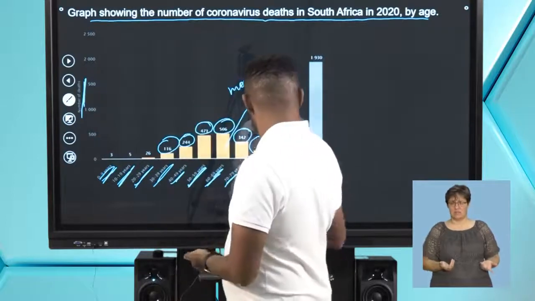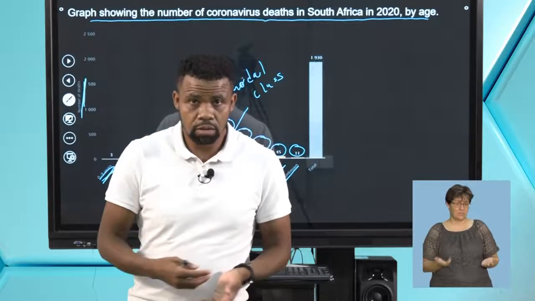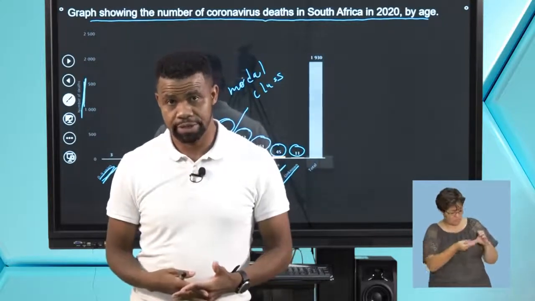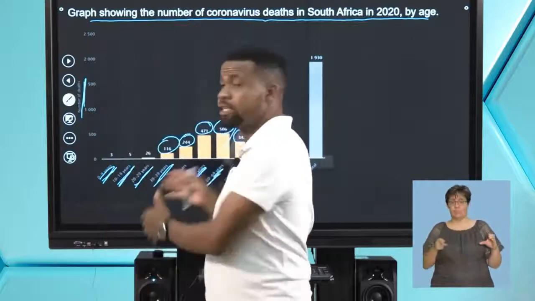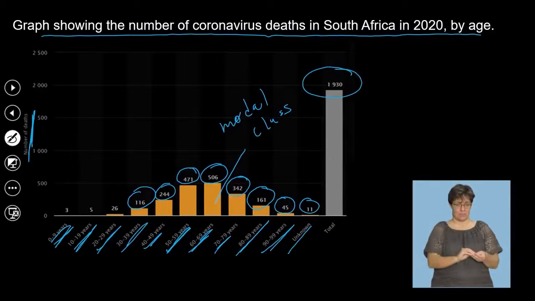We know that 11 people died from COVID-19, but we don't know their age. It's possible that they were in hospital with no identification or something of that nature. But we still have the statistics for that. And this is the total number of people who died from COVID-19 for that period.